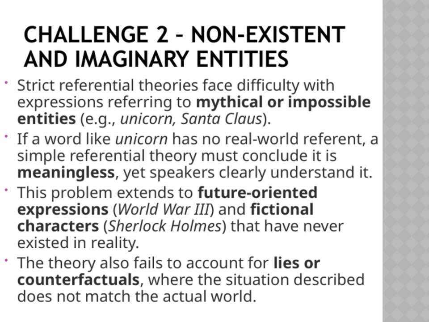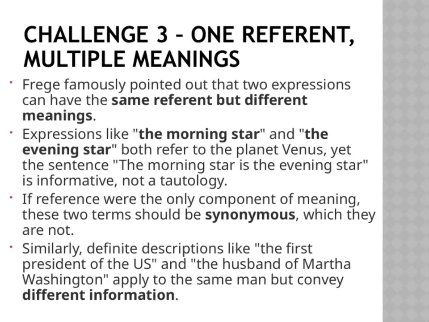How do these theories handle non-existent or imaginary entities? Clearly, it's a significant problem because language is rich with references to things that are fictional, impossible, or hypothetical. And understanding this challenge is crucial because it shows that simple referential approaches aren't sufficient to explain how we actually use language.